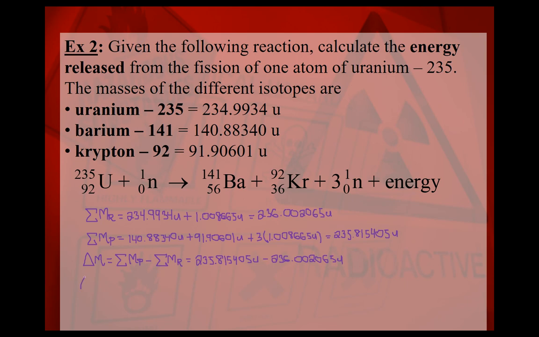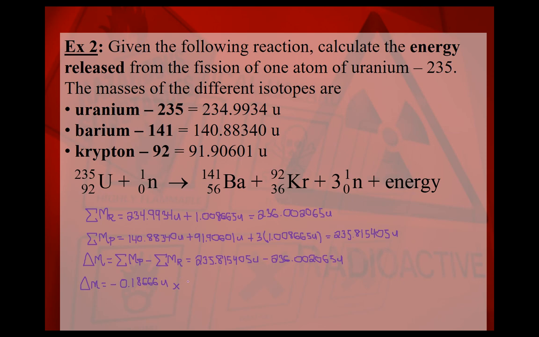Plugging this in, 235.815405 minus 236.002065 gives a small mass defect. It's negative because you're losing mass: negative 0.18666 atomic mass units. We need to convert this into kilograms.